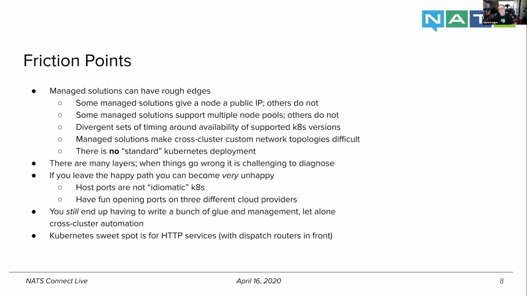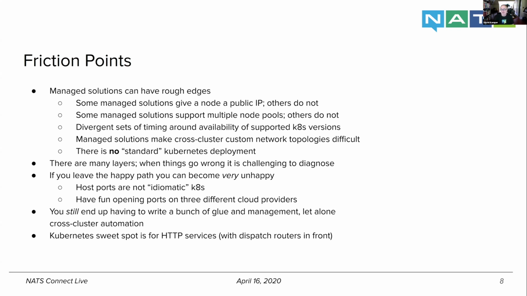And so now you're seeing tooling like Helm filling in that gap. And again, because we are a conservative bunch, it takes us a while to change what's currently working into the next generation. So Kubernetes is a sweet spot for HTTP services with dispatch routers in front.